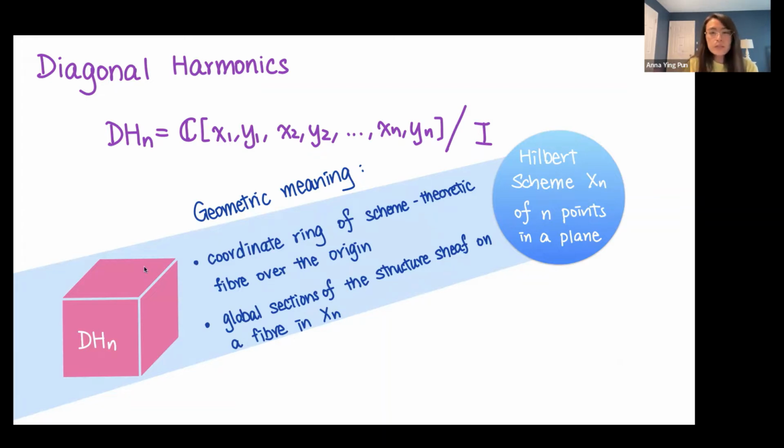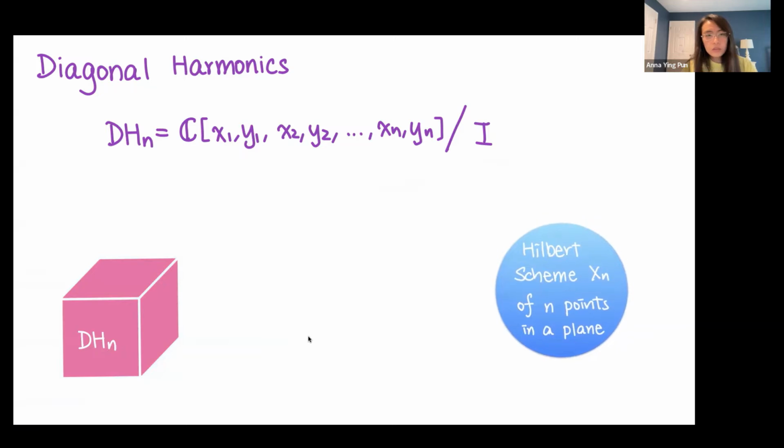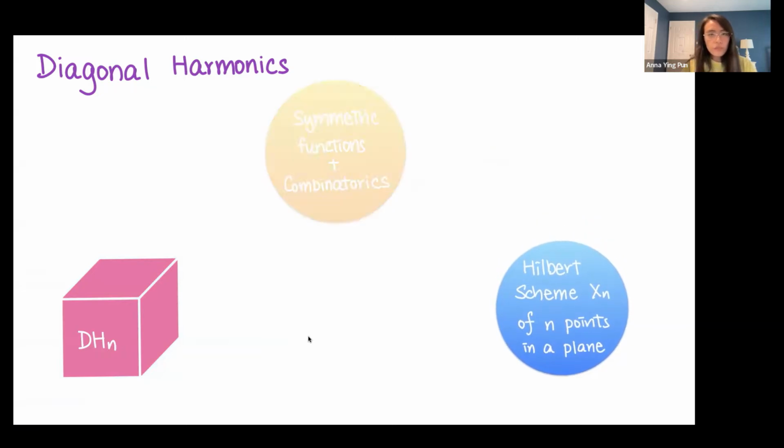Basically, I have this module, and if I use the Hilbert scheme, what can I say geometrically about this module? So there is some geometric meaning there. Now the missing part is the symmetric function and the combinatorics, right? We have the algebra, we have the geometry. Where is the combinatorics or the symmetric function?